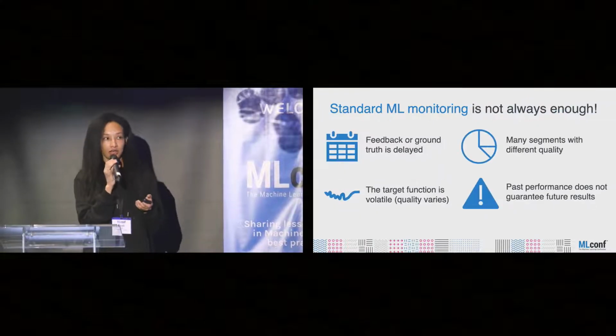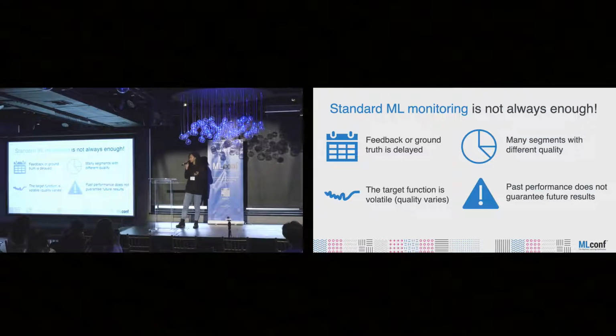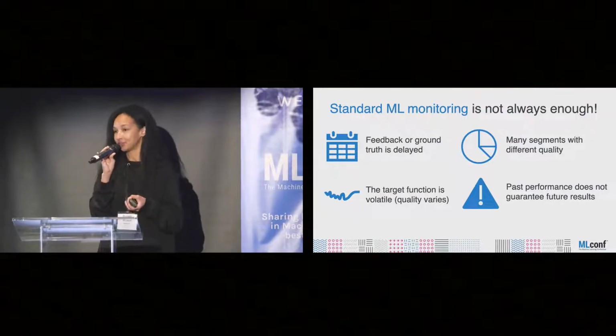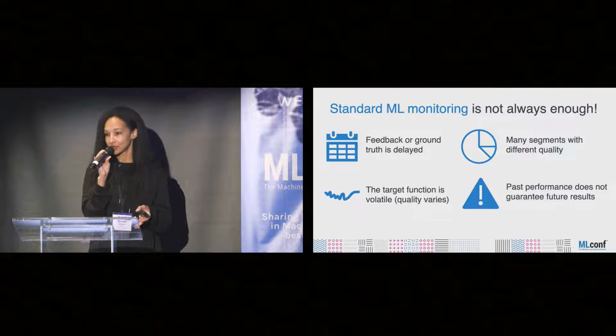But there are a lot of cases where it's not that straightforward and you cannot always directly measure performance. For example, when you have delayed feedback or ground truth, it pretty often happens when we have demand forecasting services and we need to predict the demand for some products or services weeks or months ahead.